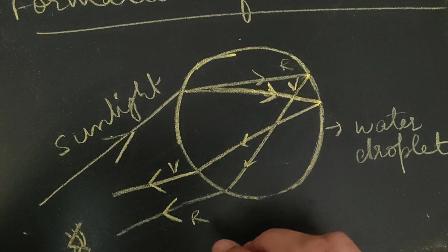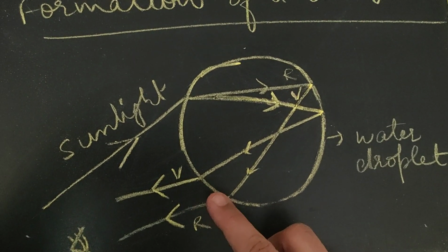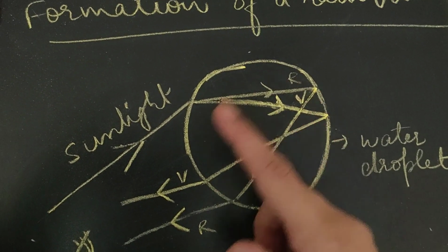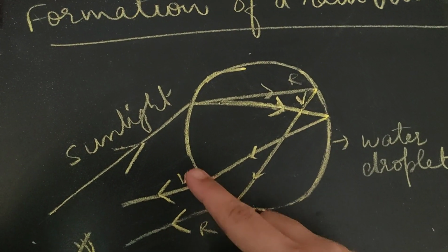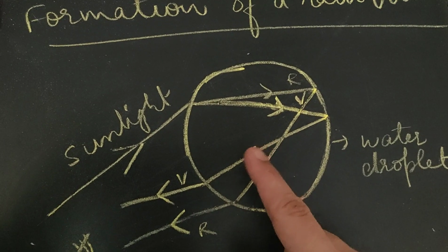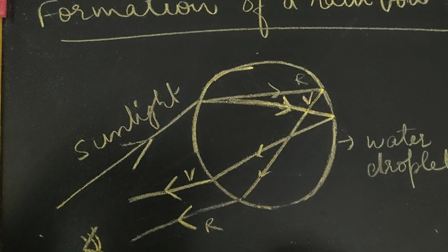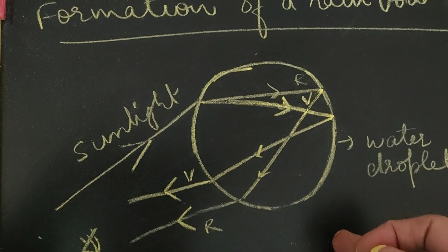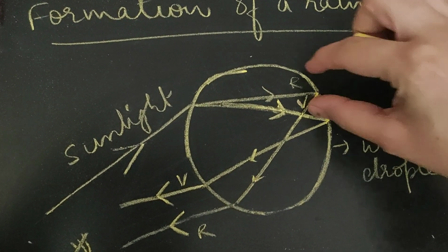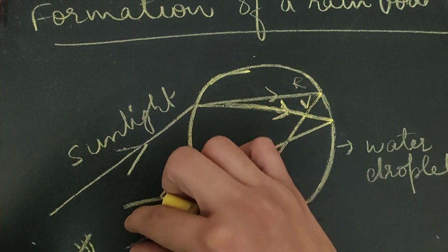But remember, in the rainbow that we see in the sky, we see red on top. The reason being, from each droplet, the 7 colors that are coming out, all 7 colors from the same droplet are not entering the observer's eye. In the portion of atmosphere in front of the observer, there will be a section of droplets from which red color is entering the eye.